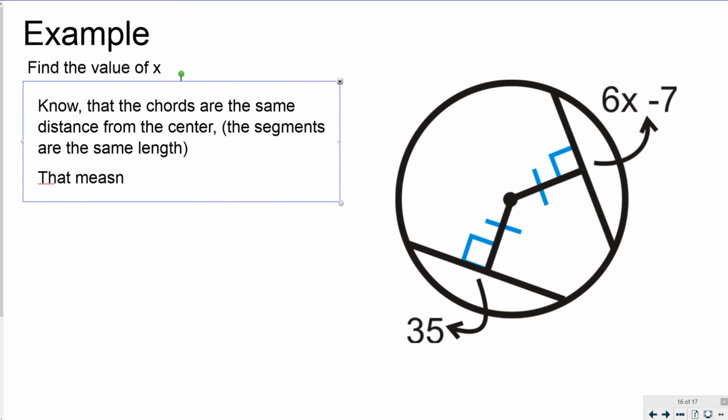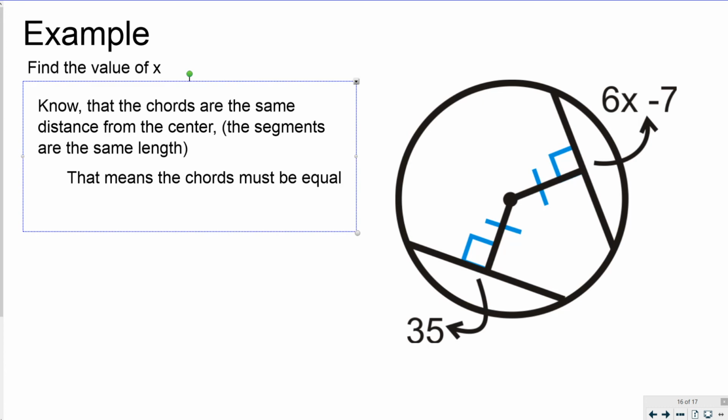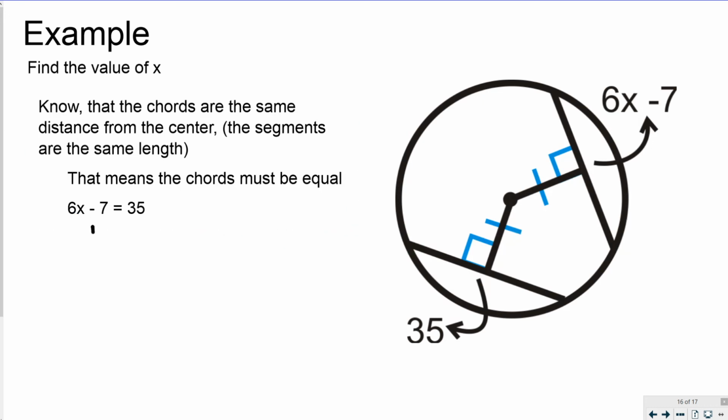That means the chords must be equal. So since the chords must be equal, I can write an equation, and that equation would be 6x minus 7 equals 35. And then I can solve by adding 7 to both sides. So I would get 6x equals 42, so x equals 7. And it's just really that simple. When you have two chords that are the same distance apart, you can easily solve to find one of the missing ones by setting them equal to each other.